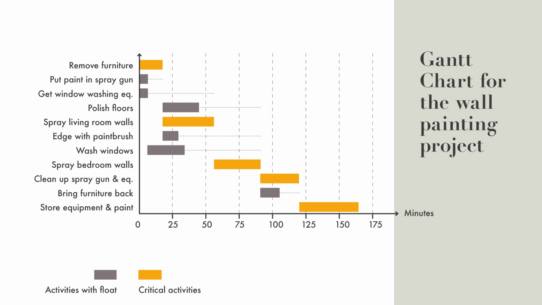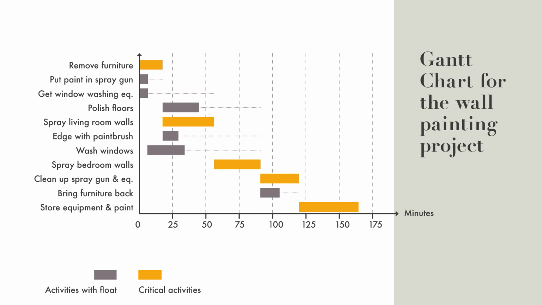But also the floats are marked with tails after those non-critical activities, which indicate how we can shift the actual place of the activity, for example, due to resource constraints. And in this particular case, we have started all the activities in their earliest possible start.